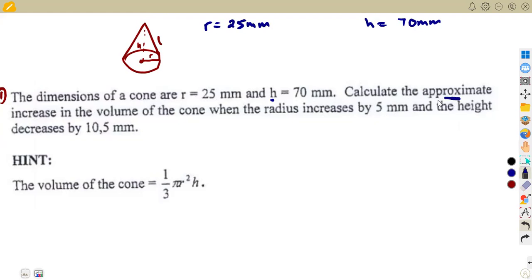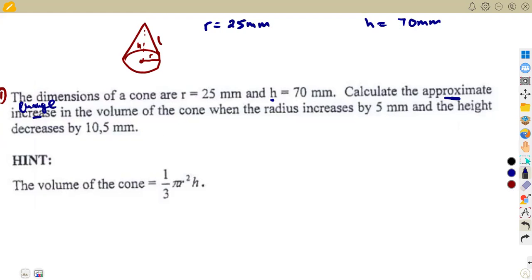Calculate the approximate increase. There they've mentioned an increase. Actually, they were supposed to say the approximate change. The change, we'll see whether it's an increase or a decrease. A plus, that's an increase. A minus, that's a decrease.